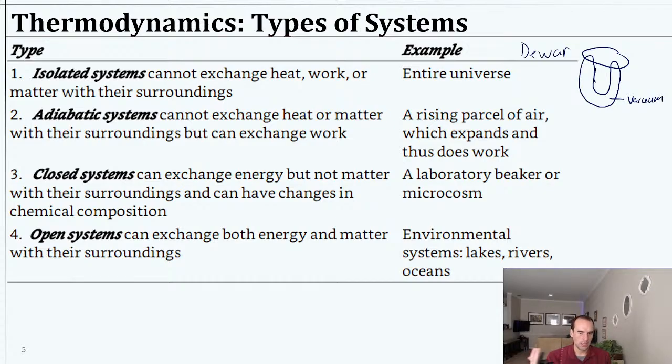And it can change chemical composition, therefore. Okay, open systems are open to exchanging both. Most environmental systems we could call open. Now, if you think of deep in the ocean, maybe that would be a little more like a closed system. So we can imagine certain situations in nature where a component might be acting a little bit more like one or the other.